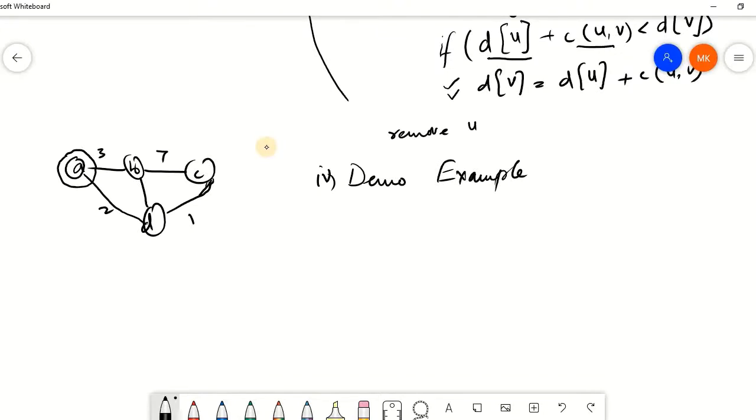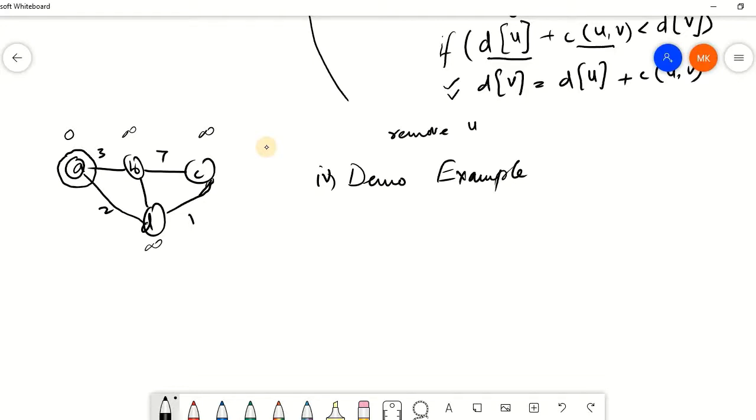So now, as we said in the first step of the algorithm, we are going to assign a cost of 0 to the source node, because we currently are at the source node, and it's not going to cost us anything to get to A. And the cost to get to any other node is infinity at the moment, because we do not know what it is.